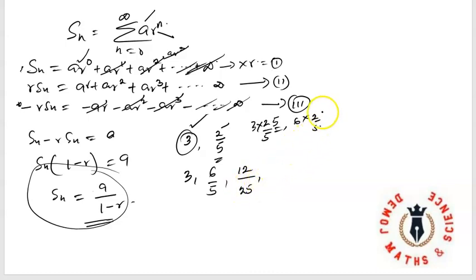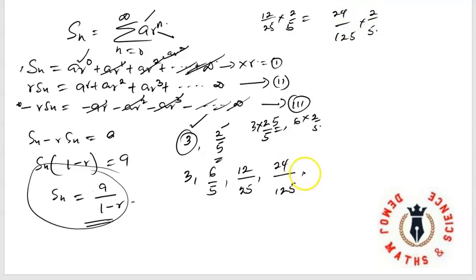The fourth term will be 12 over 25 times 2 over 5, that will be 24 over 125. My fifth term will be 24 over 125 times 2 over 5, that's 48 over 625.